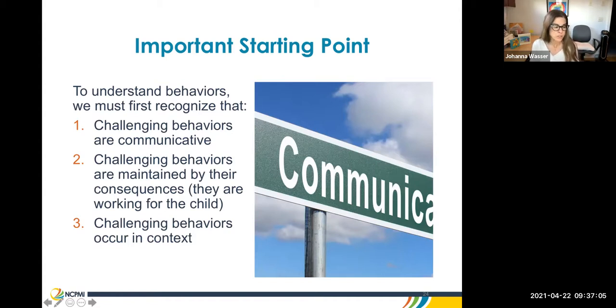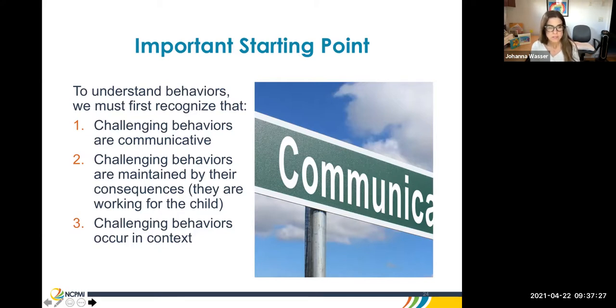And children use challenging behavior because it works for them. Otherwise, they wouldn't use it, especially those continued persistent challenging behaviors. So our response to behavior has a lot to do with why children continue to use challenging behavior.